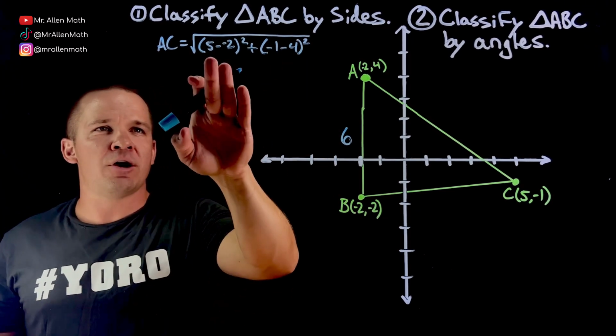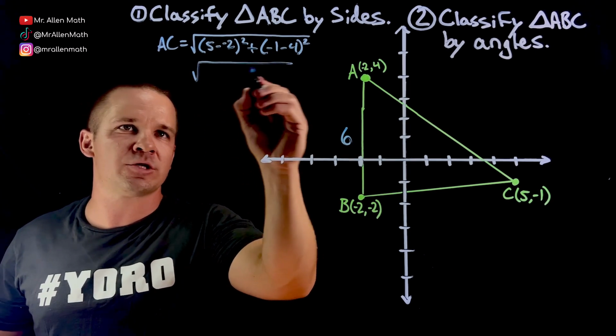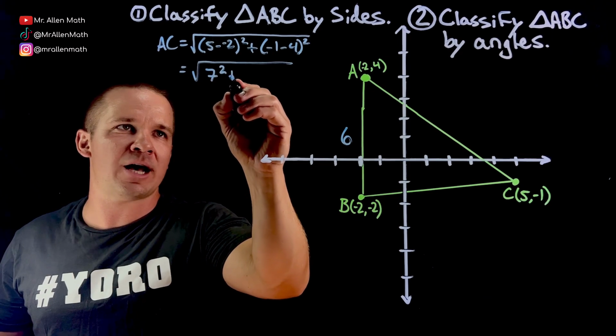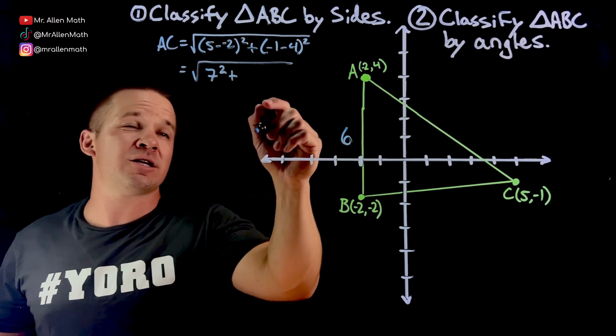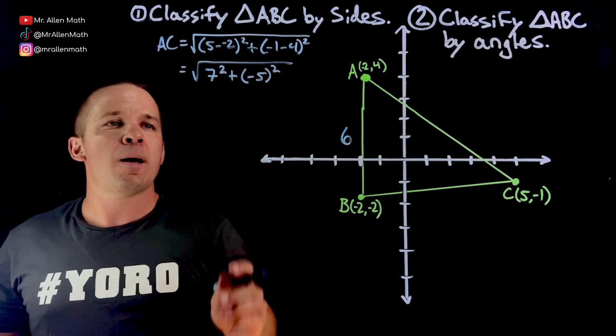All right, so 5 minus -2, that's going to be positive 7. So let's keep the square root going here. I'm going to have 7 squared plus -1 minus 4, that's -5. I'll keep that in parentheses here. Always a wise move. Beautiful.